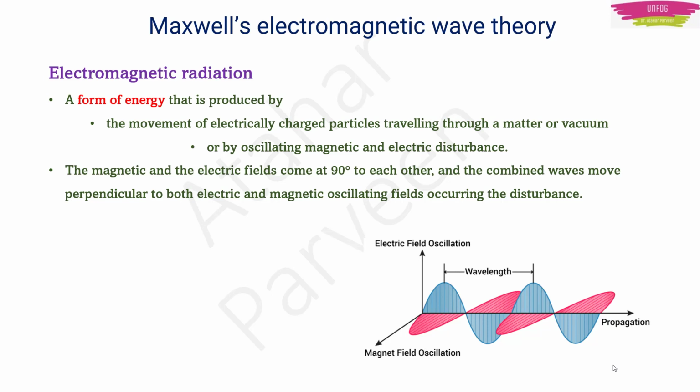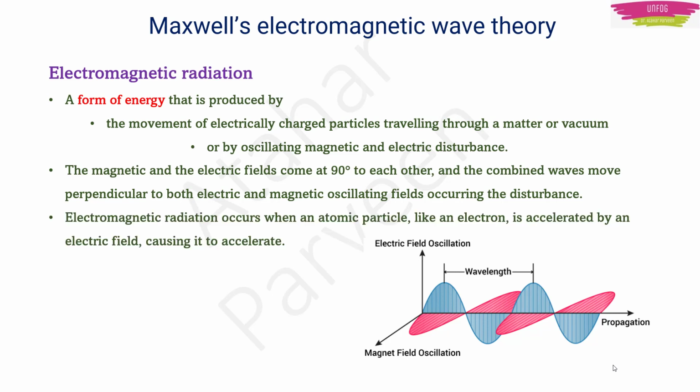Means the electric and magnetic fields are perpendicular to each other. And this electromagnetic radiation, he told that it occurs when an atomic particle like an electron is accelerated by an electric field, causing it to accelerate. Means that electron is the reason because of which this electromagnetic radiation is occurring.